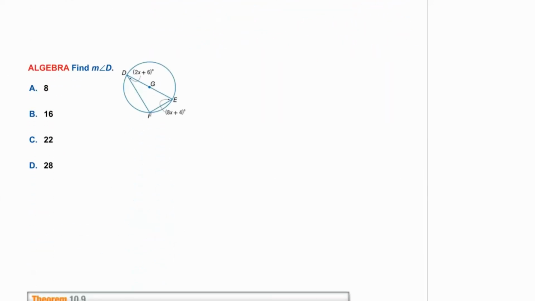I'm asked to find the measure of angle D. I know that DFE is inscribed in a semicircle, so F is 90 degrees. So 2x plus 6 plus 8x plus 4 equals 90.